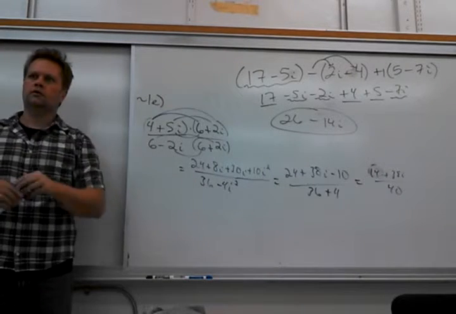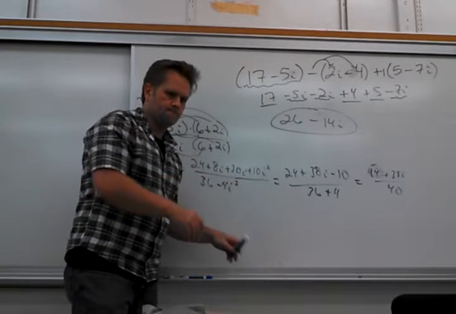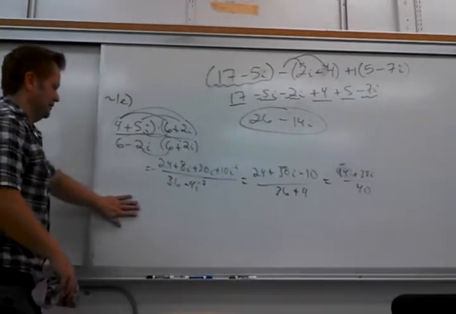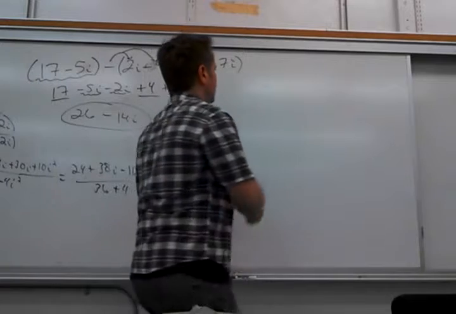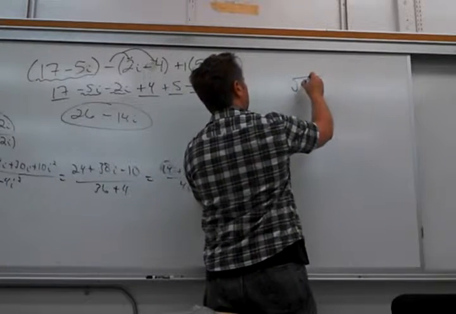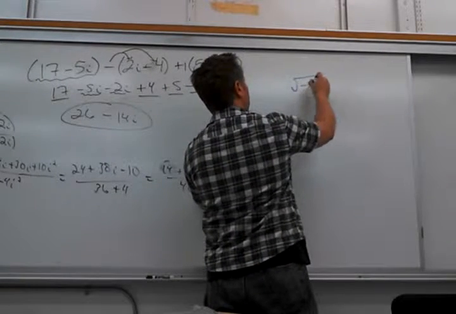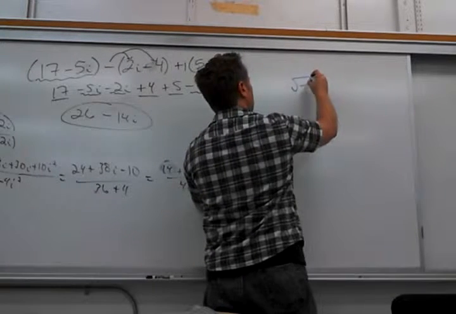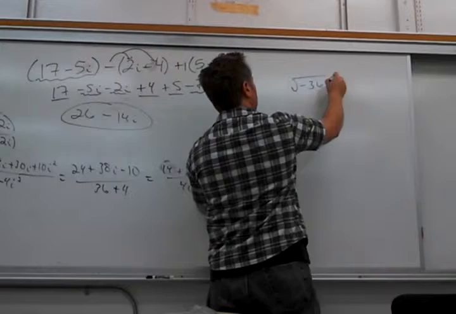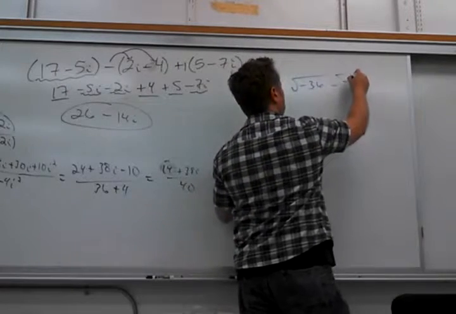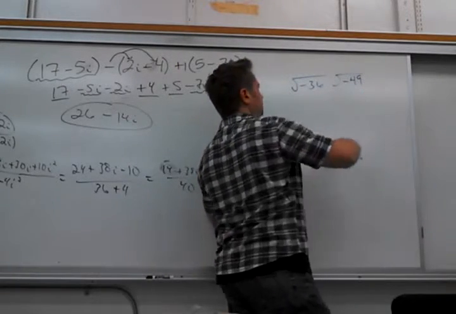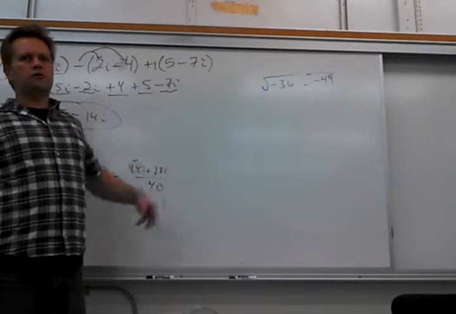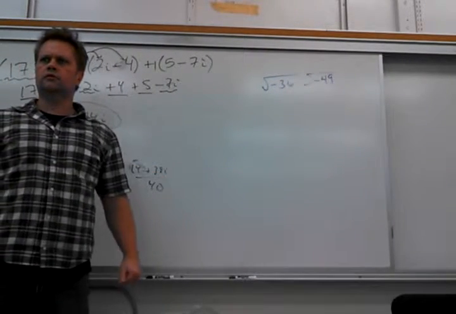Can you go over 1C as well, please? So I'm kind of running out of square rootable numbers here. What is the square root of negative 36?